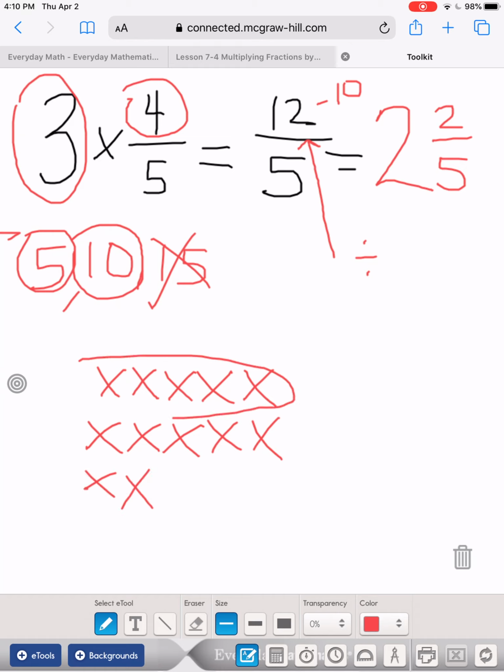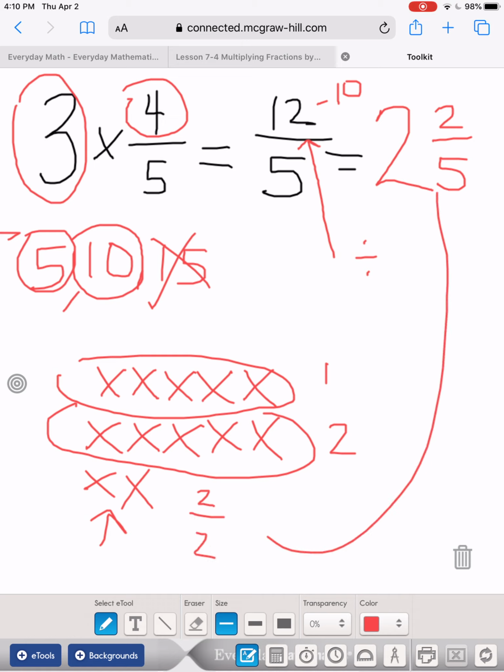So I have 1 group of 5, I have 2 groups of 5, and then I have these 2 that are left over. So 2 wholes, and 2/5, which is exactly what we have up here. Let's do another one.